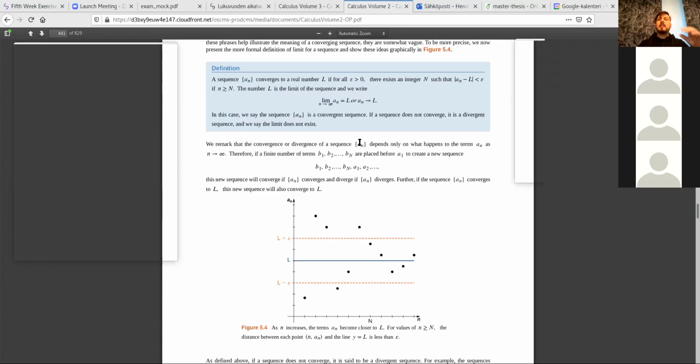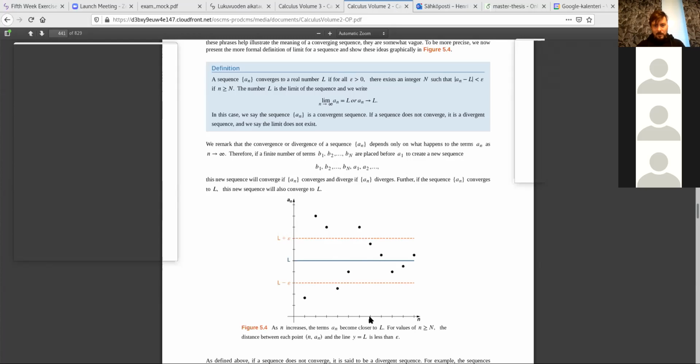So the limit means that no matter where you put, let's say here is the value of the proposed limit, no matter how small a bound you put here, there are only finitely many points that fall outside this threshold. Here, if it's L plus epsilon, L minus epsilon, then there is a point somewhere in here.